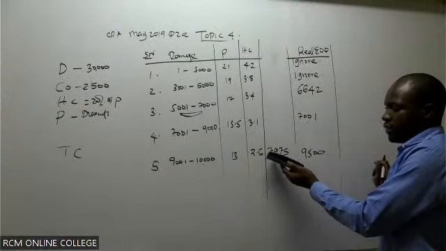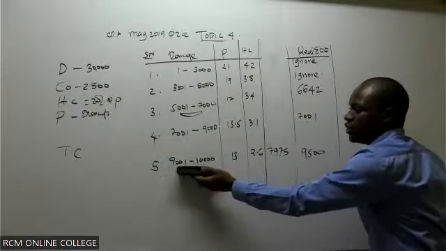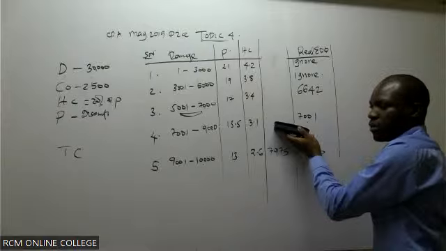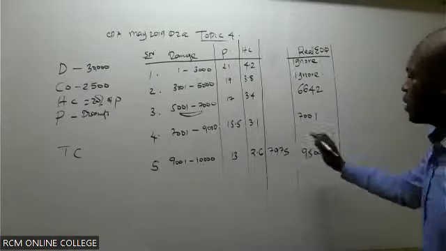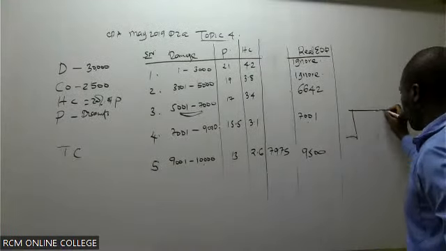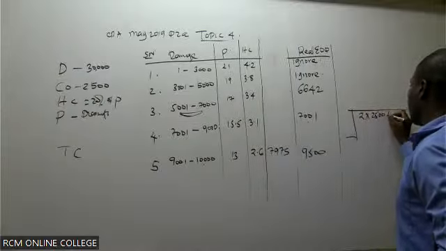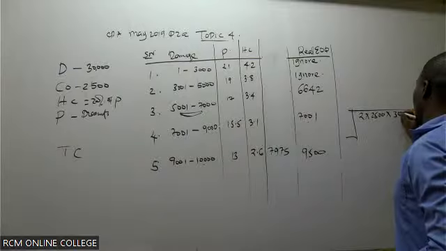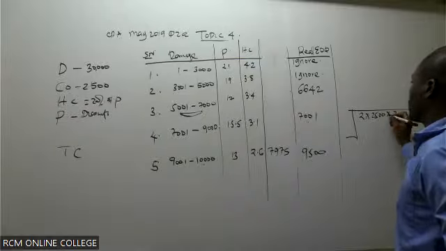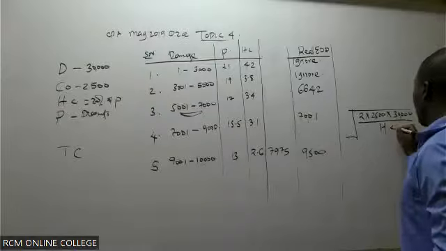We've calculated this 79, 75. Then now, because it is not within this range, you bring it back. Why do you bring it back? Look at how you are arriving at these figures. Economic order quantity is equal to the square root of 2 times demand, which is 2,500, times ordering costs, over holding cost.